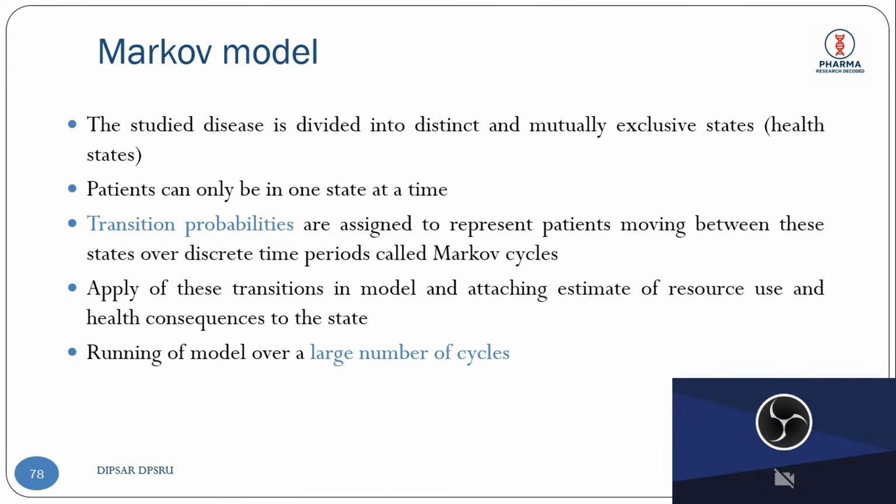So the transition probability we assign represents patients moving between these states over a discrete time period, and that we call a Markov cycle. We apply these transitions in the model, attach estimates of resource use and health consequences to the states, and then with the help of computers, we run this model over a large number of cycles. With respect to Markov, we call them Markov cycles, right?